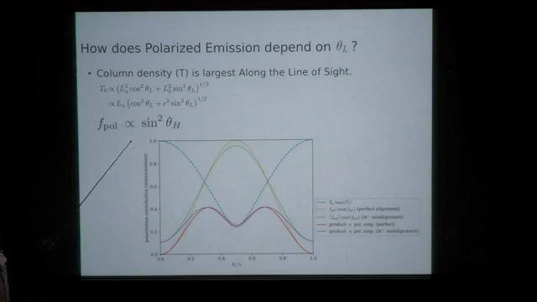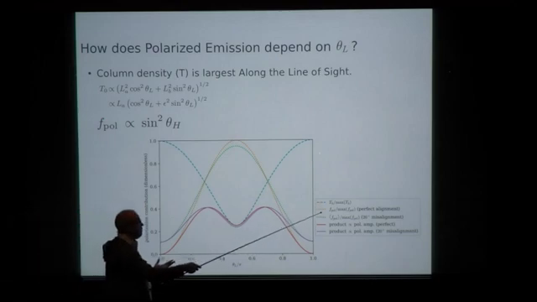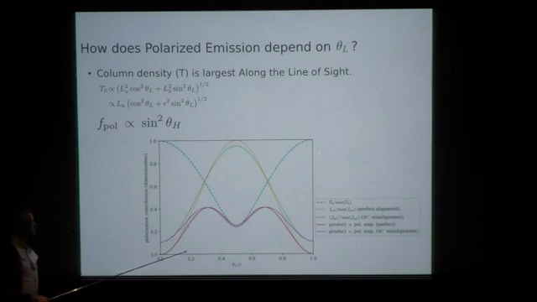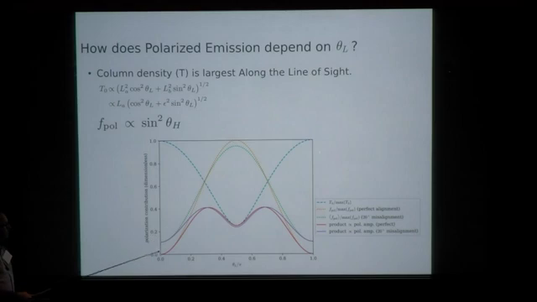Whereas if the filament is transverse to the line of sight, you'll see a lot of polarization, but less total intensity. And since the polarized emission goes like the product of the temperature and the polarization fraction, you get this double humped profile that peaks around 45 degrees. And depending on the misalignment, you'll get some polarization even when the filament is along the line of sight, because it's azimuthally symmetric.